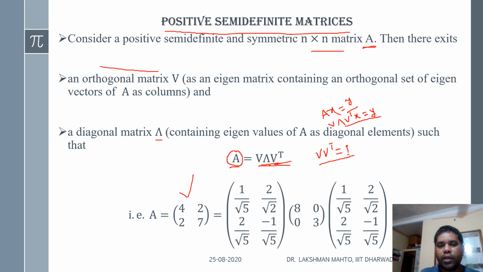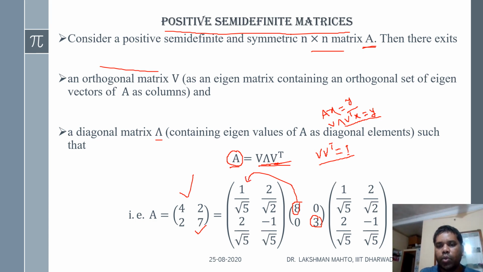That is why I have taken one example of a symmetric and positive definite matrix with the first row 4, 2 and the second row 2, 7. It is symmetric. Using algebraic techniques from linear algebra, we get the eigenvalues and eigenvectors. The first eigenvalue is 8 and the second eigenvalue is 3.